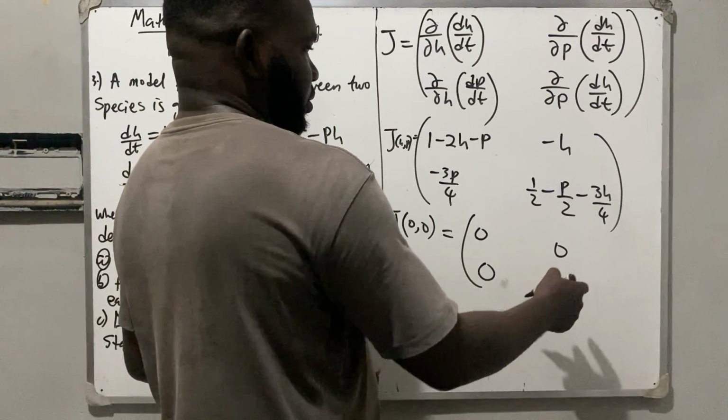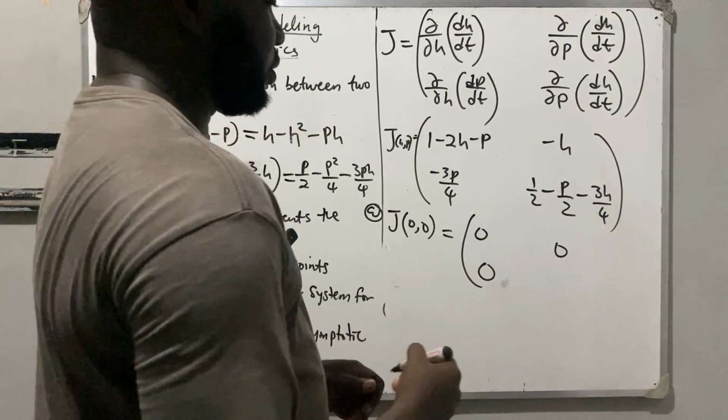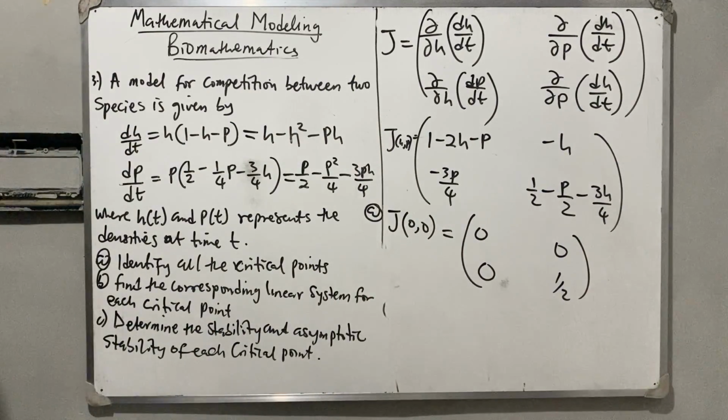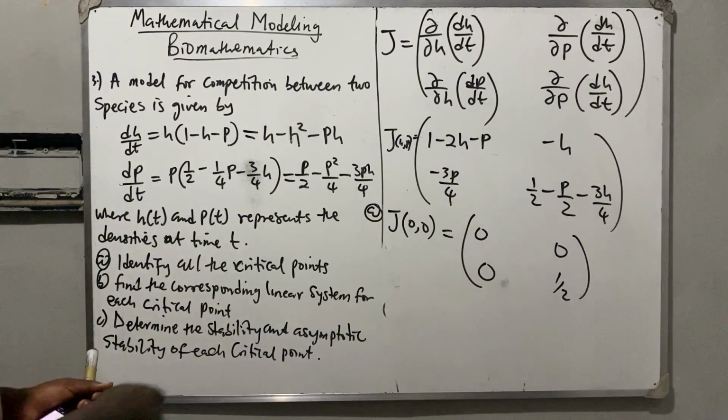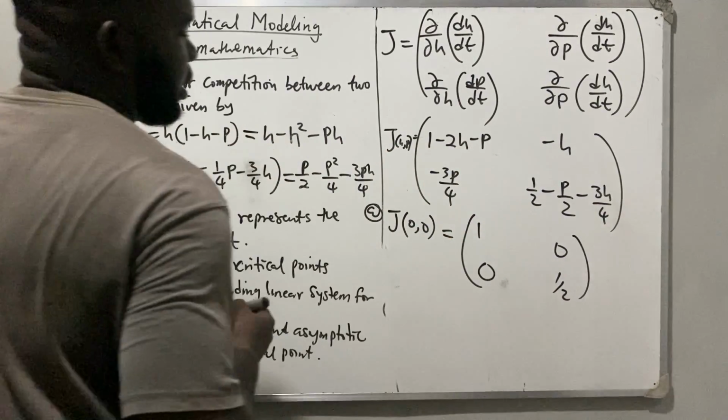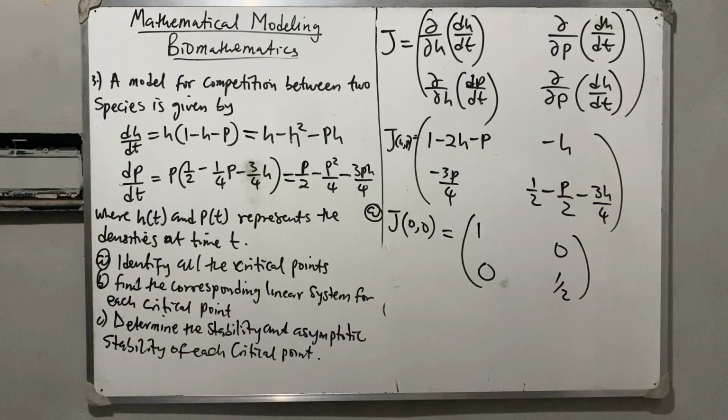Then here will give us half. Is that correct? So check your own very well if it's correct. Okay, sorry, here is not 0. Here is 0, 0, so I'm having that here is 1, not 0. So that is for the first one. We're asked to find the linear system.